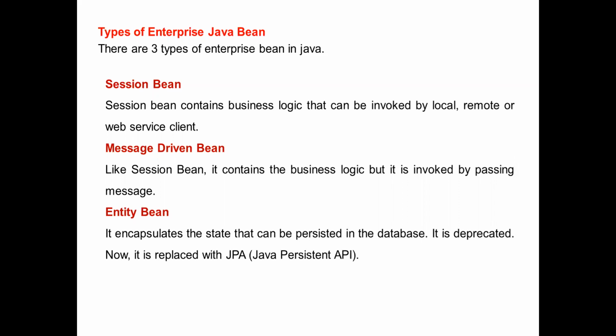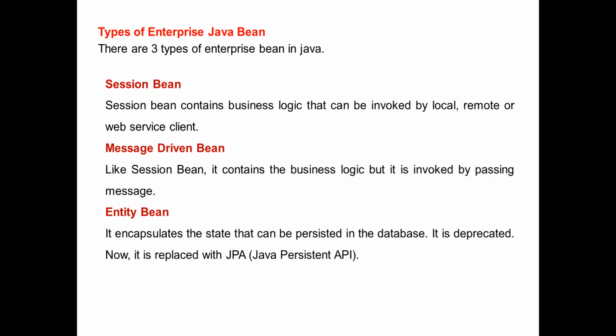The third one is the entity bean. An entity bean encapsulates state that can be persisted in the database, and it is deprecated and replaced with the Java Persistence API.